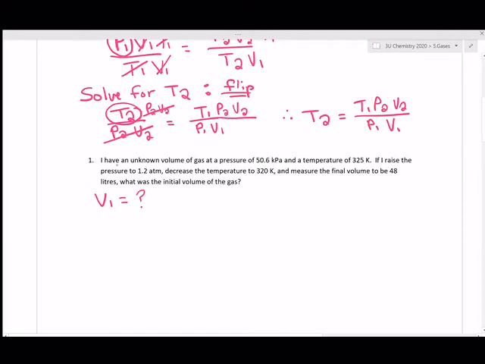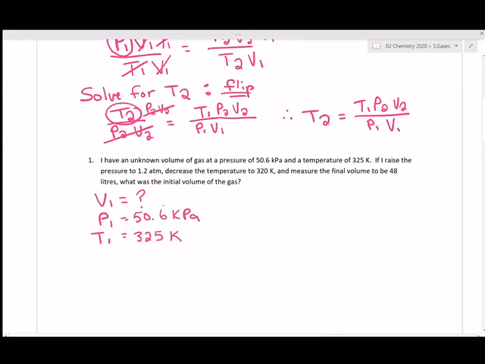Okay. It doesn't matter if you write that first or where you write it. So 50.6 and 325 Kelvin are initial conditions. So P1 is 50.6 kilopascals and T1 is 325 Kelvin.